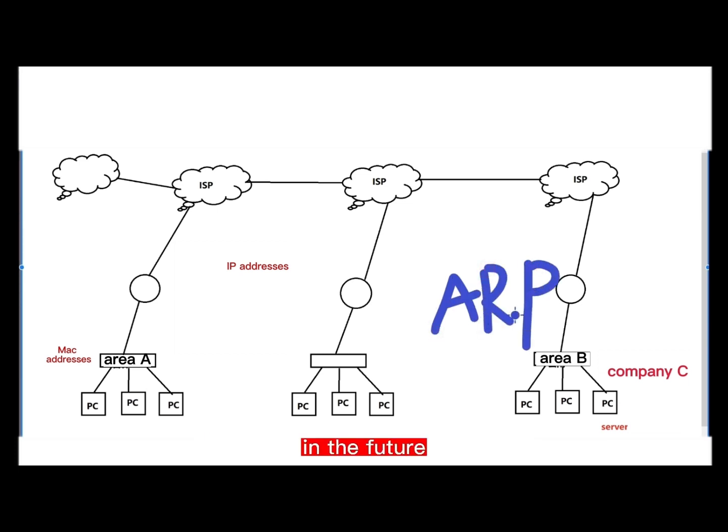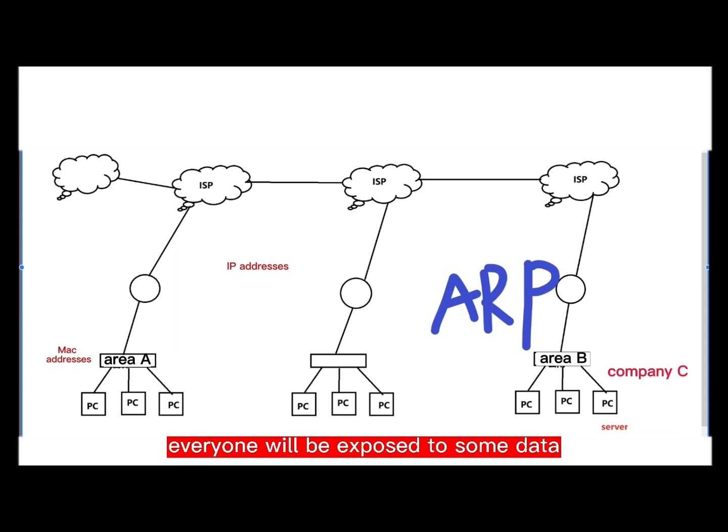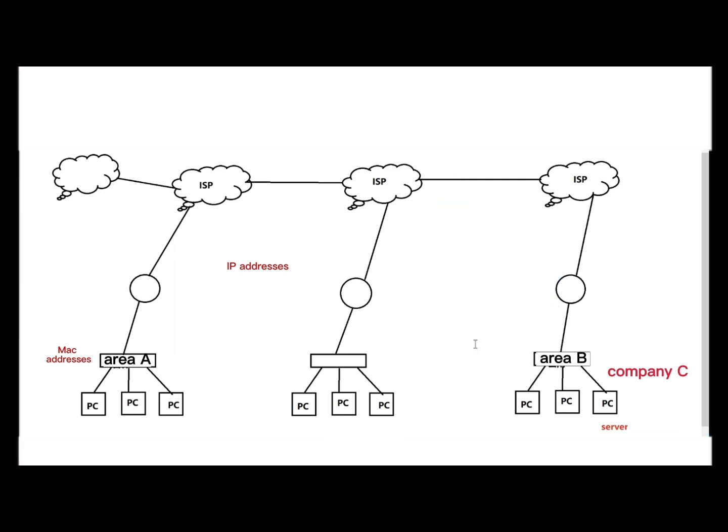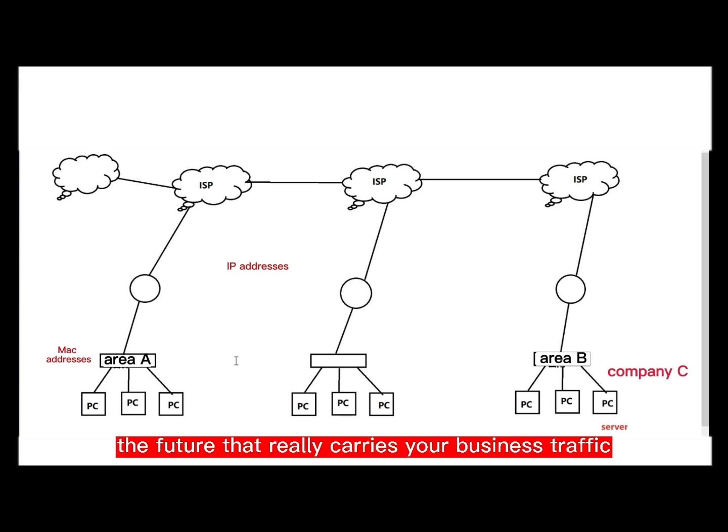In the future, everyone will be exposed to some data. You will find that this data may not have layer 3, that is, there is no IP address. But we don't call data like this our business data. Business data is what really carries your business traffic.